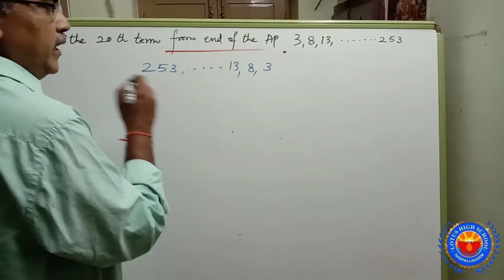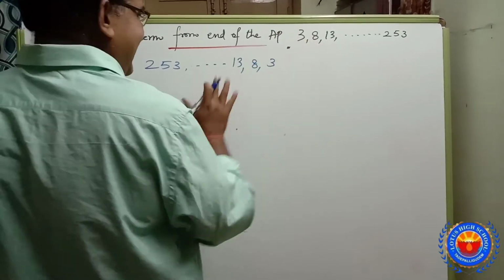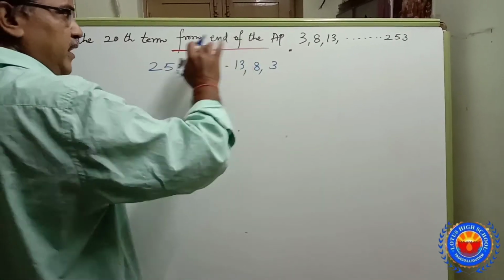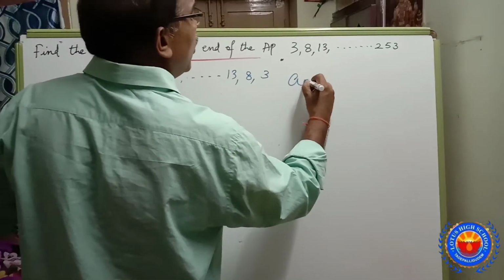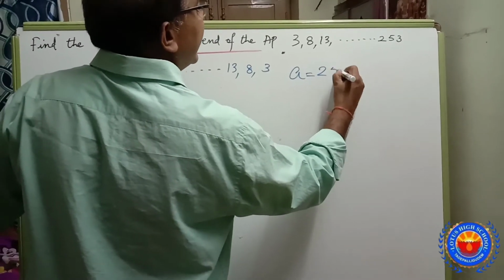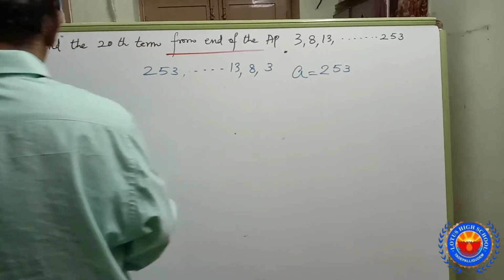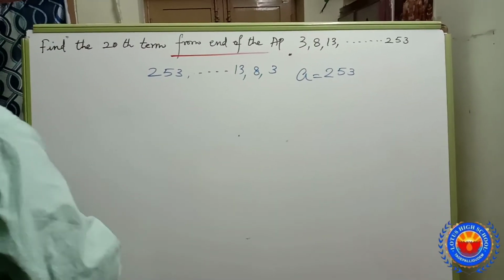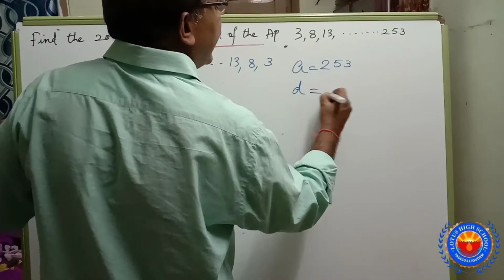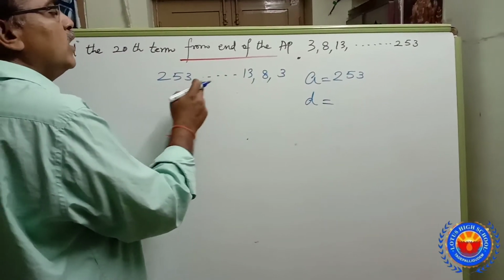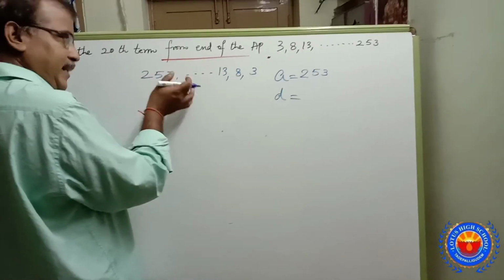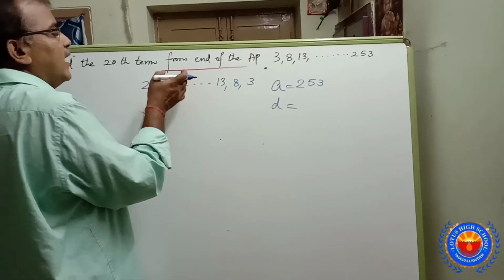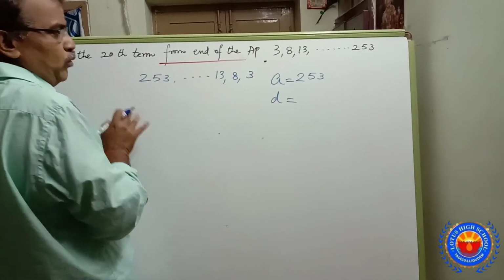Suppose from the end is given, then reverse it. If they are not given from the end, directly you can do. Here A is equal to 253. Carefully you do D, because this term minus this term, here there is no term inside to count.